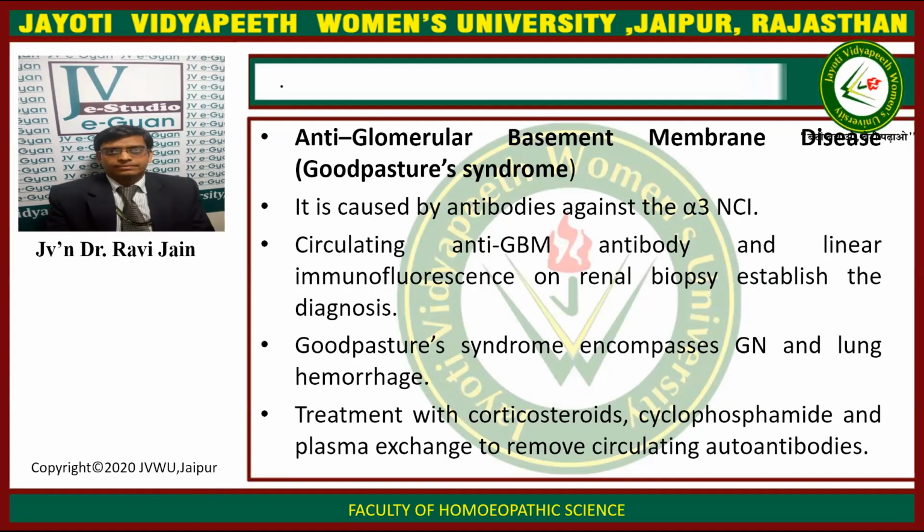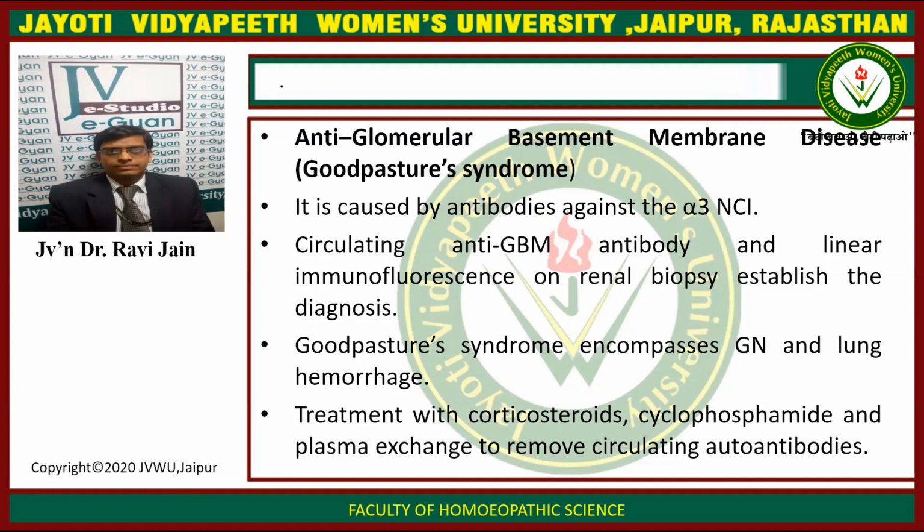Next, we come to antiglomerular basement membrane disease, or Goodpasture syndrome. It is characterized by antibodies against the alpha-3 chain of type IV collagen. The diagnosis is established by circulating anti-GBM antibody and linear immunofluorescence on the renal biopsy.